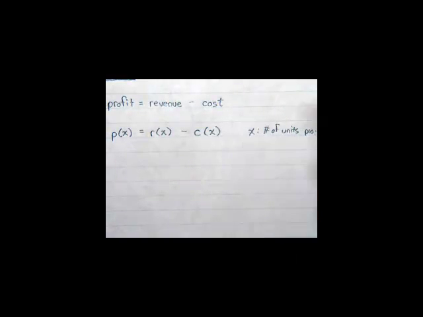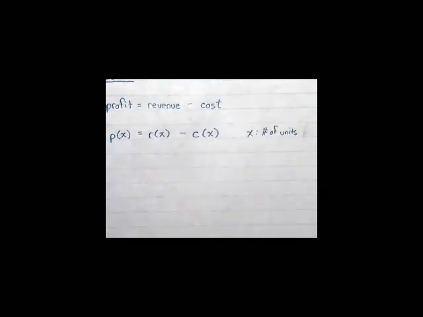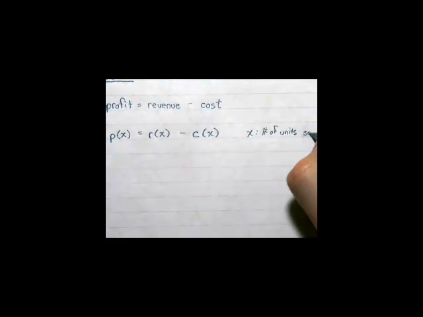Or sold, actually. It has to be number of units sold. Otherwise, you don't have any revenue. It could be some formula, and it depends on what it is that you're producing, and those things could be different. But whatever your revenue equation is minus your cost equation, that's going to be the equation that you would use to calculate your profit. Okay?